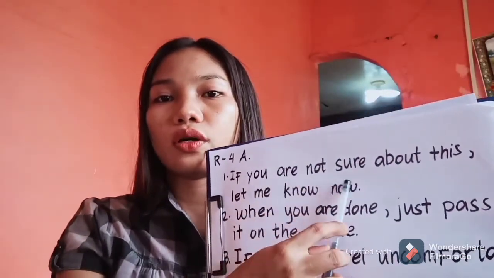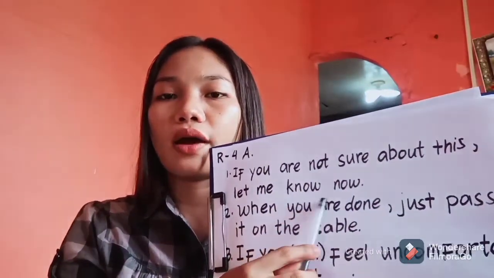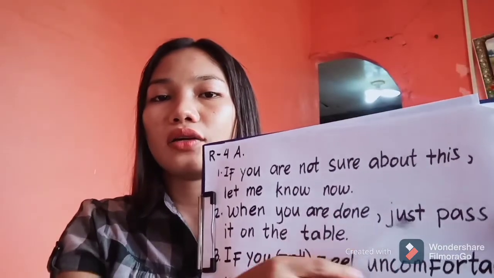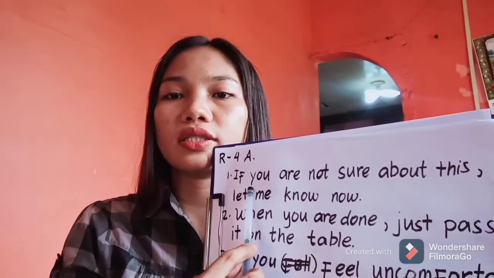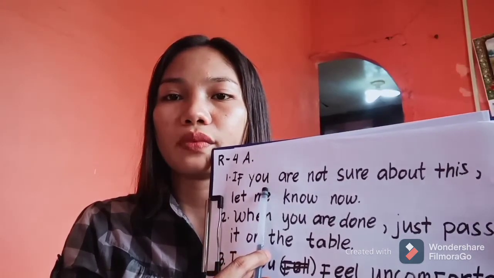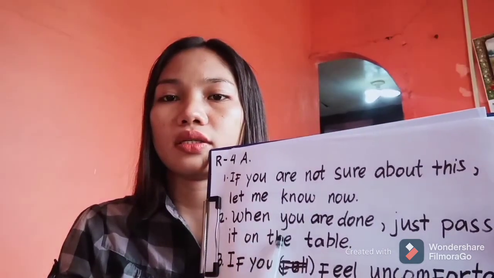Another rule of comma, rule number 4A. When starting a sentence with a dependent clause, use a comma after it. For example, if you are not sure about this, let me know now. I use the comma here because the sentence starts with a dependent clause.